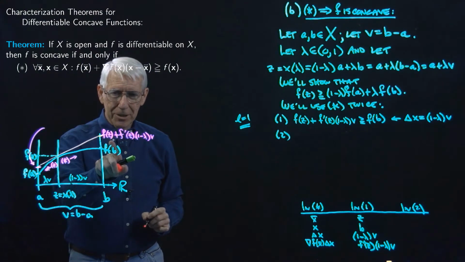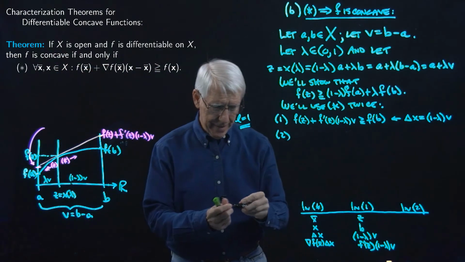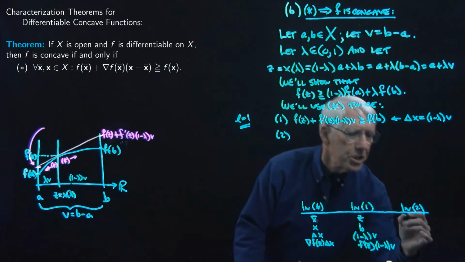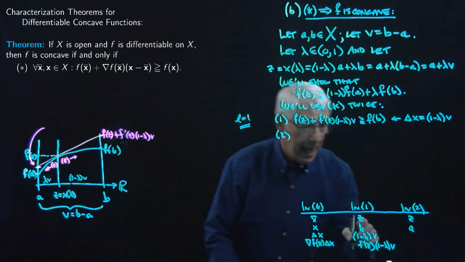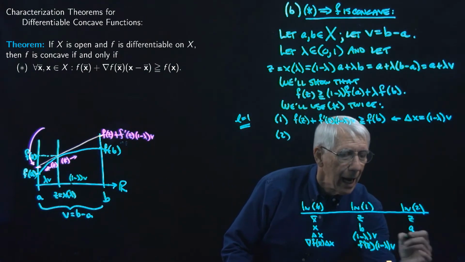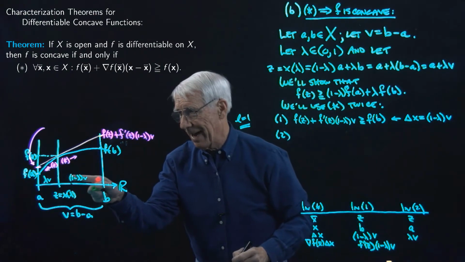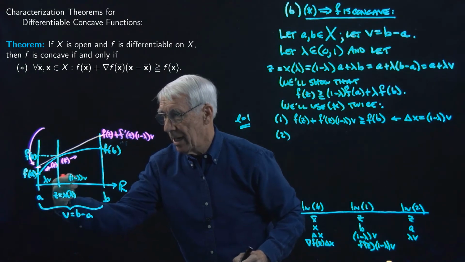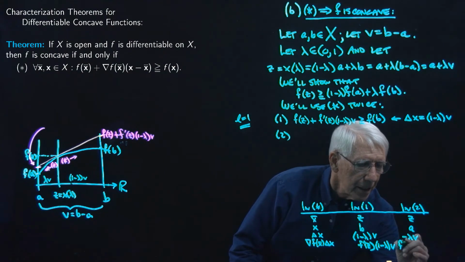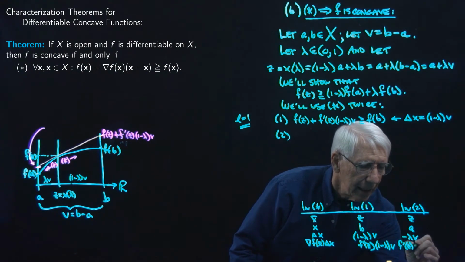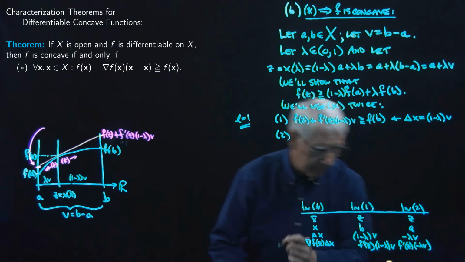And by analogy with this, or applying this star condition, let me put those things in over here. Let's put z here. Let's say this is going to be a now, and this is going to be lambda times v, but it's going to be minus lambda times v because I'm going that way, not this way. So this is minus lambda v, and so this is f prime at z times minus lambda v.